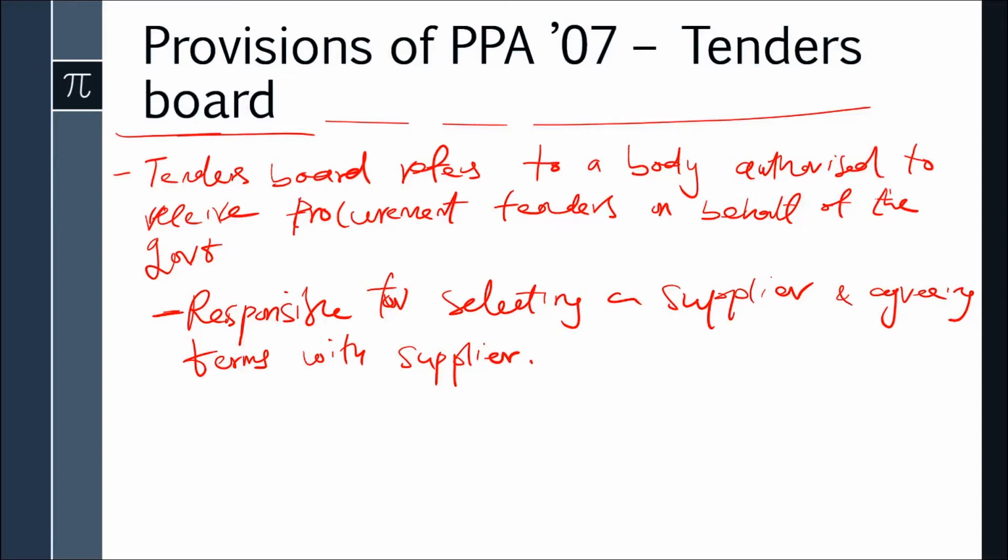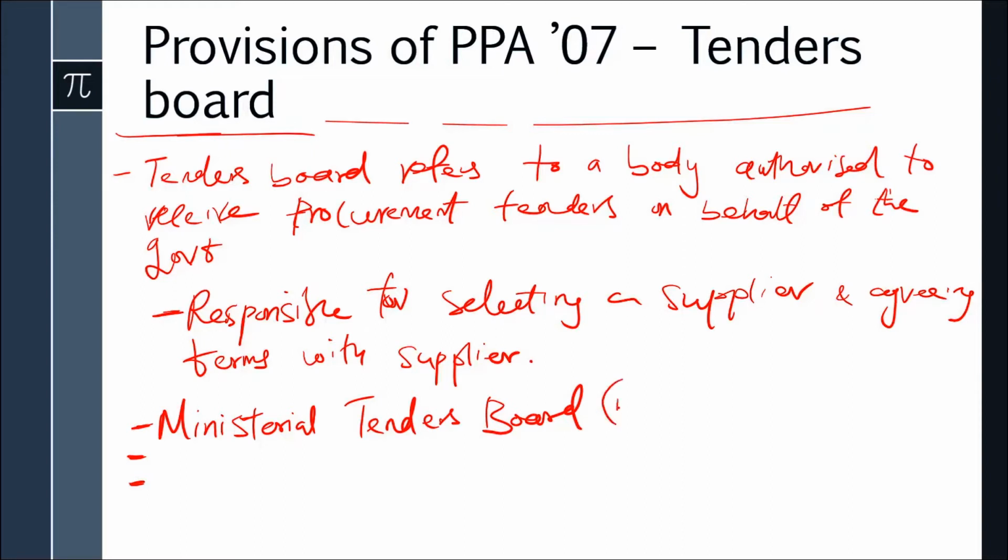Now, when we look at the tenders boards that are currently extant in the Nigerian environment, there is the Ministerial Tenders Board. This relates to ministries. Parastatals themselves have tenders boards as well.